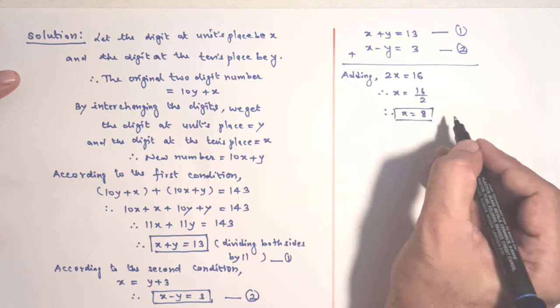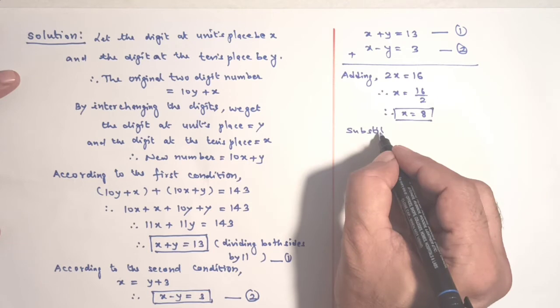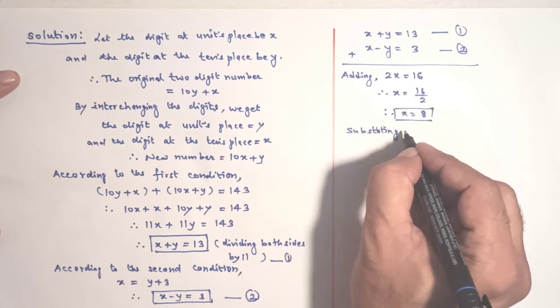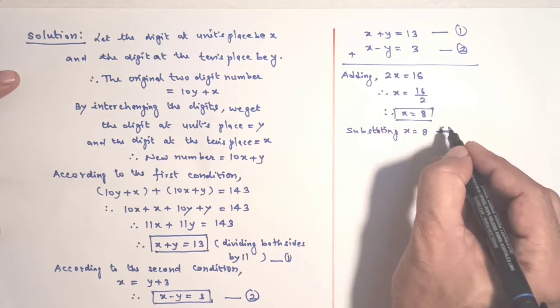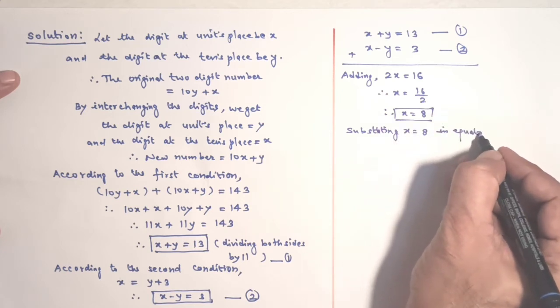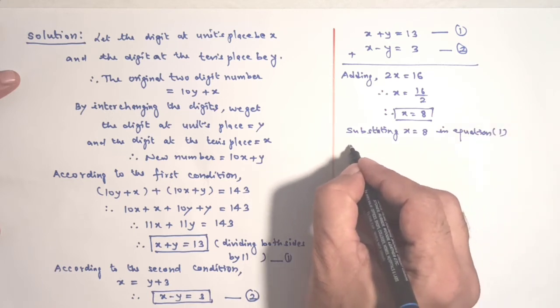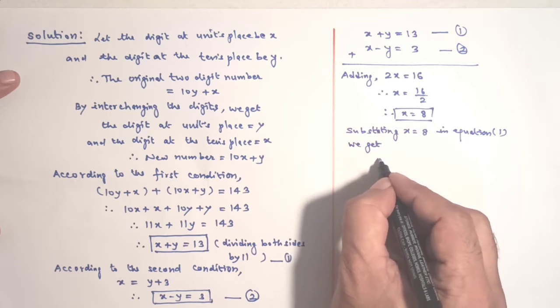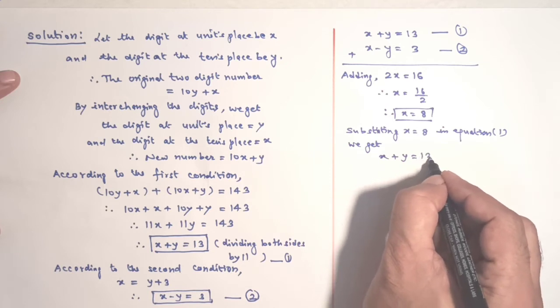So you got one variable x as 8. Now you have to find out y. You write substituting x is equal to 8 in equation 1. We get your x plus y is equal to 13.